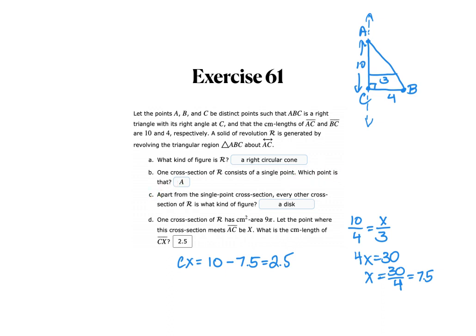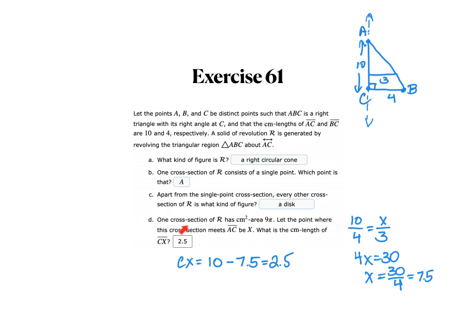It must be A, because that's the only place where I could draw a plane perpendicular to this line of revolution that would intersect at only one spot. So it's point A. Part C says, apart from the single point cross-section, every other cross-section of R is what kind of figure? Every other cross-section is a disk of varying radii.